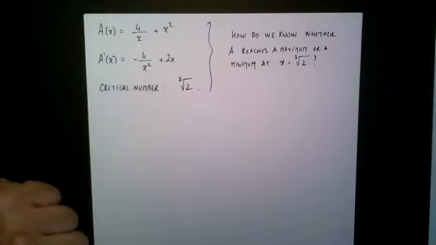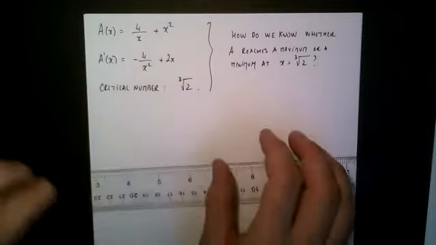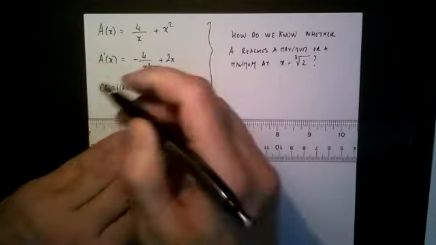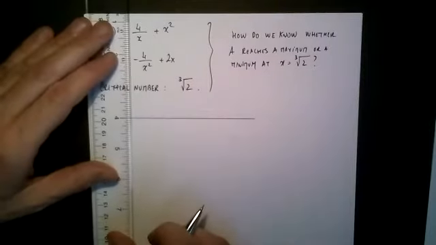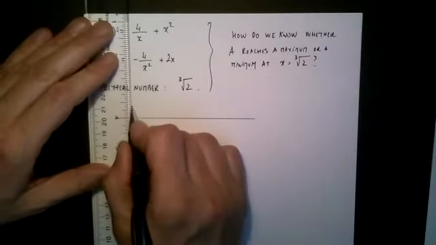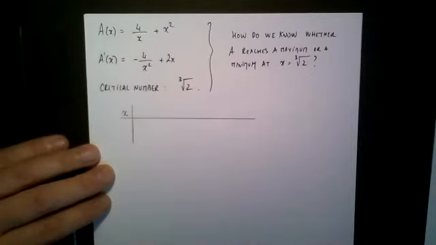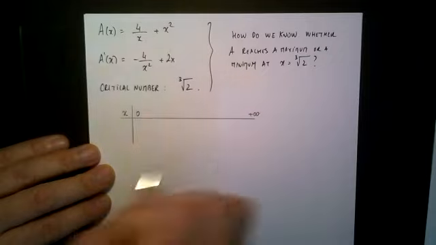Okay. So there's two ways. One way is what has just been suggested, which is very good. Okay. Is to go like this. I will do sort of a table. And I'm going to put the values of x. And x goes from, of course, 0 to positive infinity.